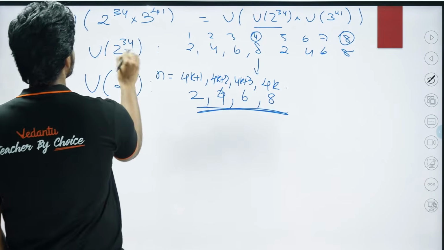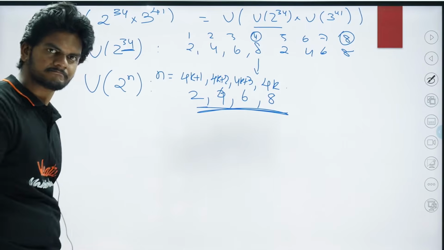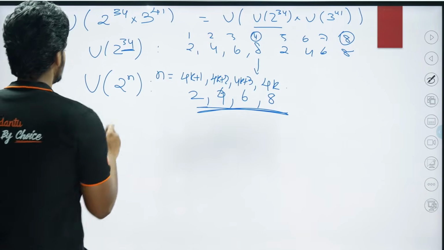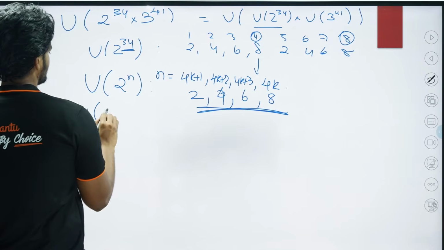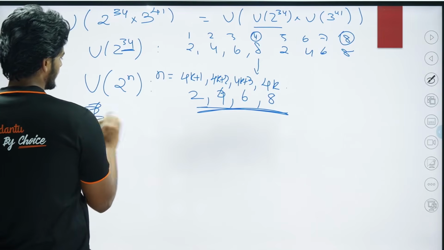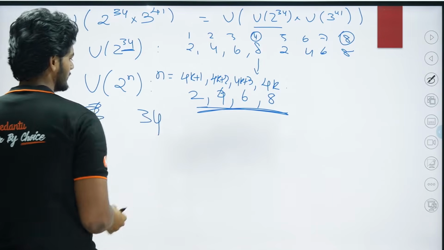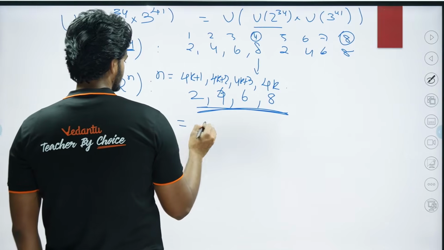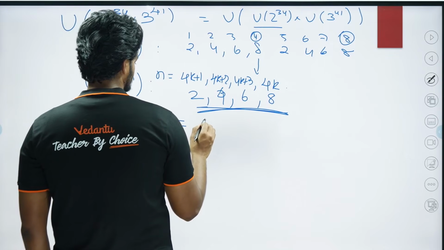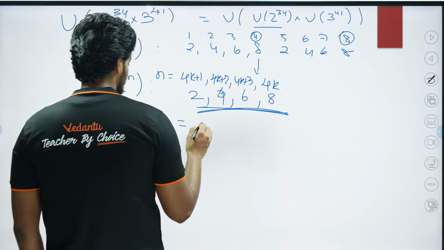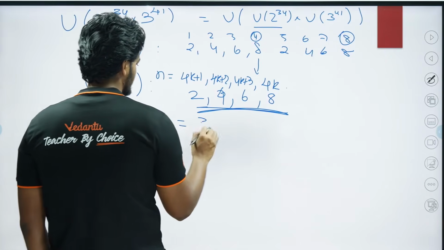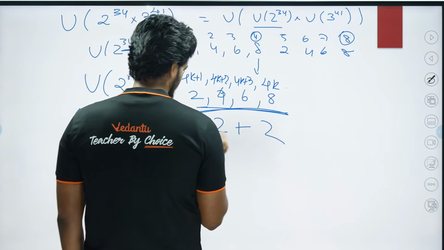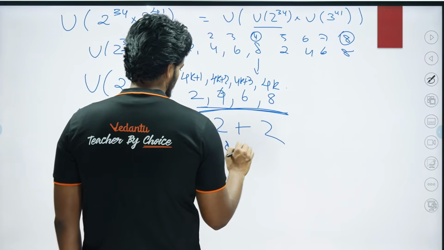Now, where does 34 lie? First of all, let's look at what 34 is. 34 is 32 plus 2. 32 is 4 into 8, plus 2.